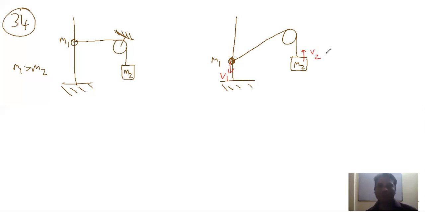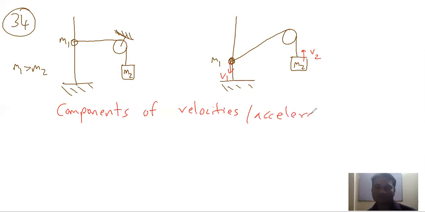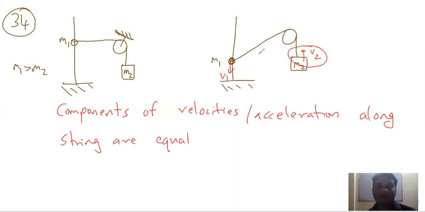Now let us use the component method. Components of velocities or acceleration along the string are equal. In this case, V2 is already along the string. Let us take the component of V1 along the string.